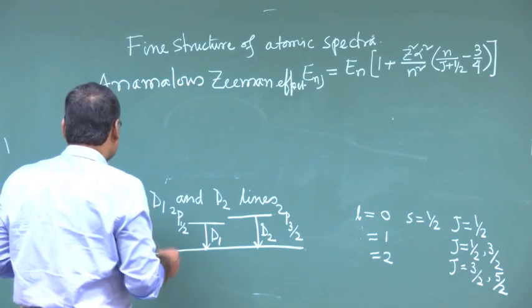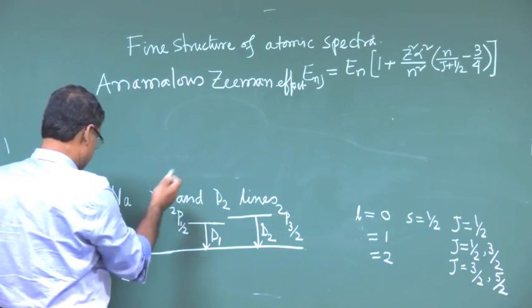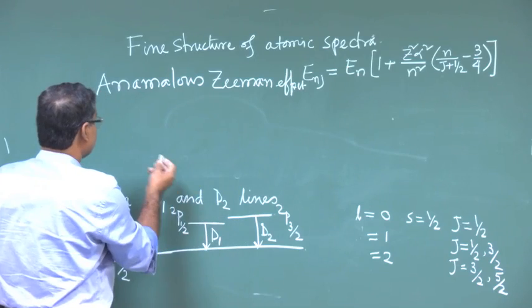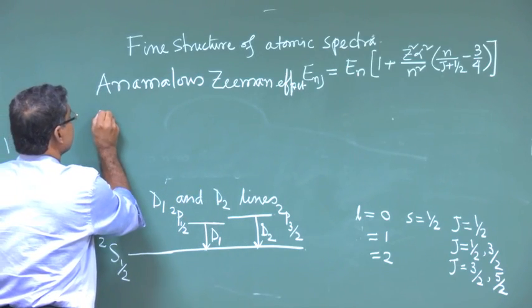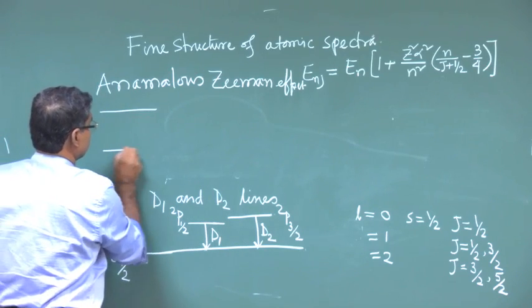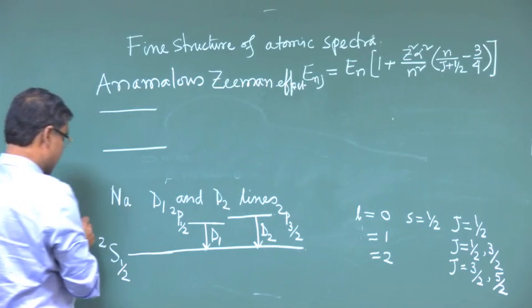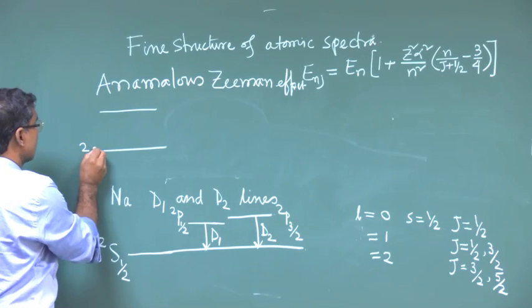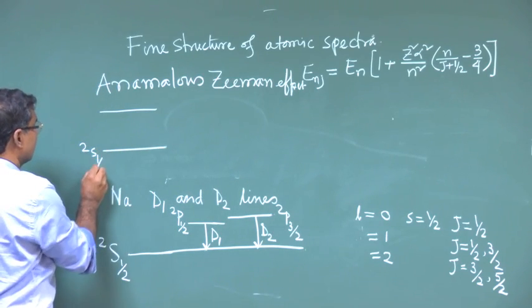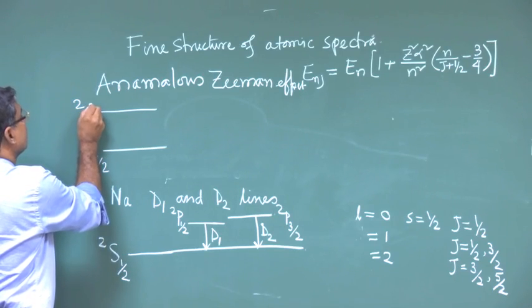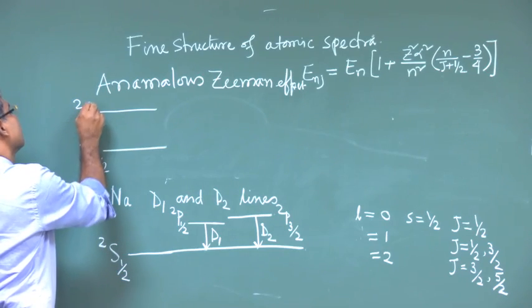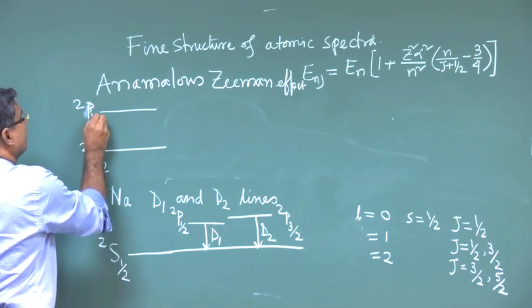Here you can see the sodium D1 line; it is basically a transition between 2S half and 2P half.